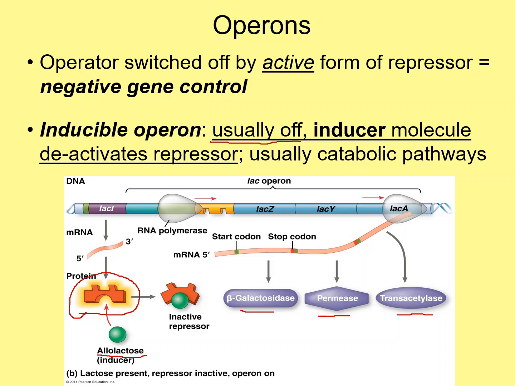And so here we have our operon on, and if I am RNA polymerase, right now I can start transcribing. I'm going to transcribe some extra junk code, and then here's my start codon. And interestingly, I've got 3 different genes. They're all going to be transcribed together as one piece of messenger RNA. There's a start codon for the LacZ gene.